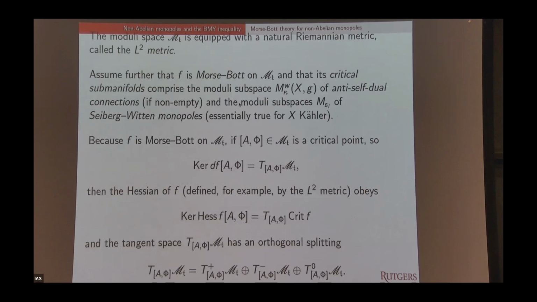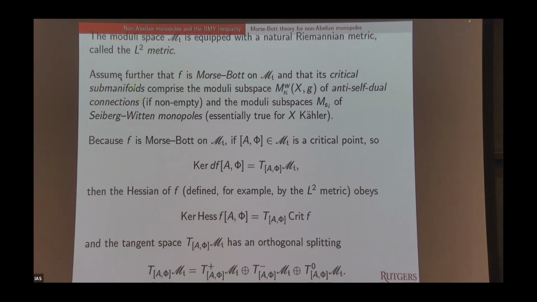Okay, so I'm going to make some assumptions that are very strong, in order to get across the idea of the proof and see how it works in a highly idealized case. So I'm going to assume that this height function f is actually Morse-Bott on the moduli space, and that its critical submanifolds are exactly either the moduli space of anti-self-dual connections or these moduli subspaces of Seiberg-Witten monopoles.